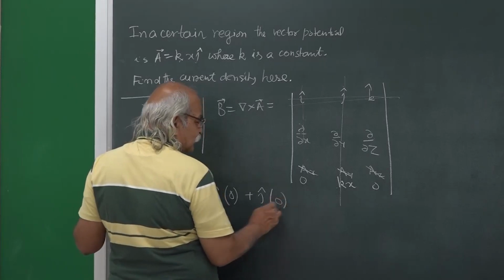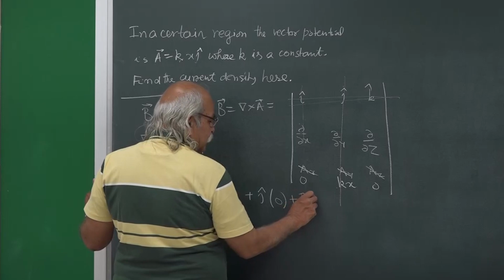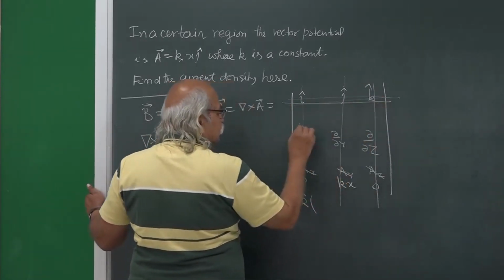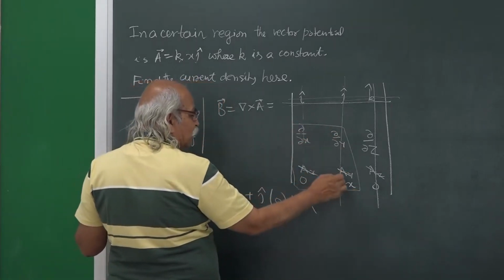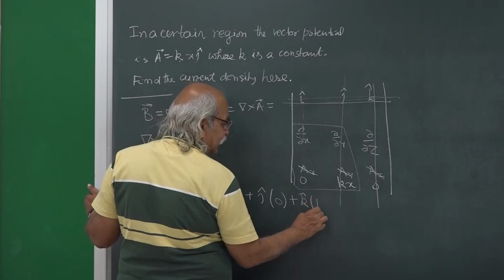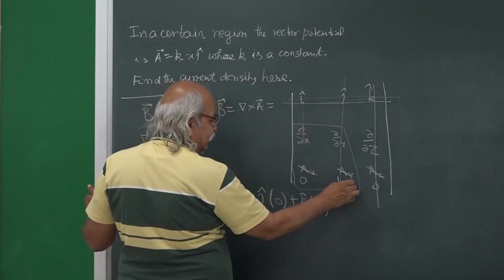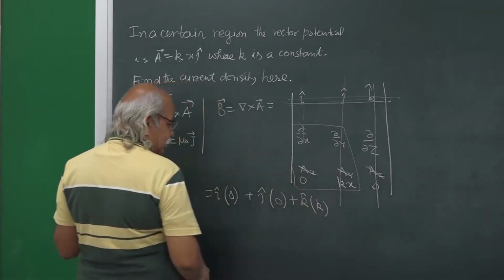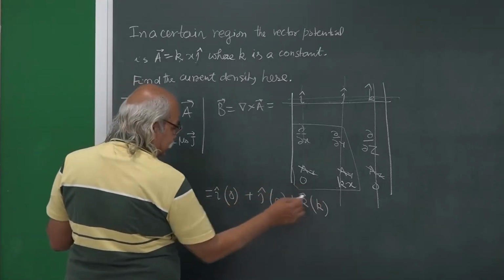So, this is also 0, and therefore, k cap. Now, mentally omit this k cap column, this k cap row. So, you have these 4 here, del x of kx, which is k, minus del y of 0, which is 0. So, it is just this. So, that is it. So, this k is there.